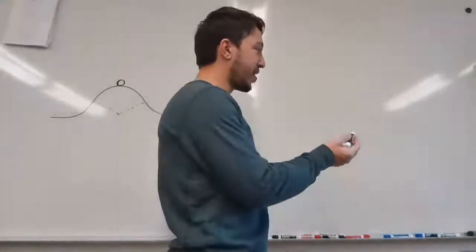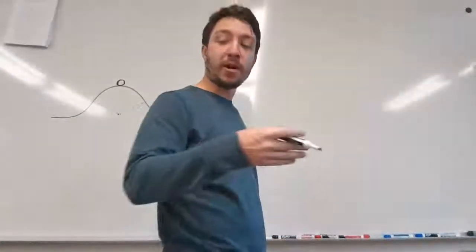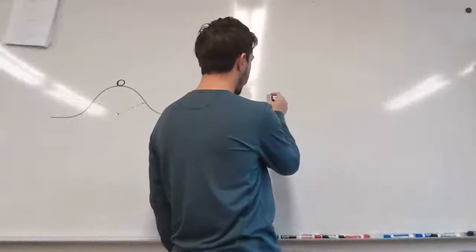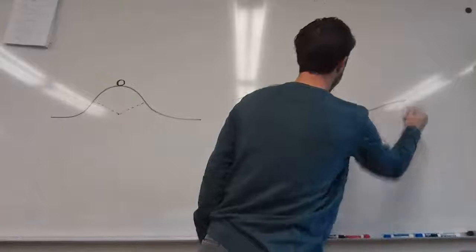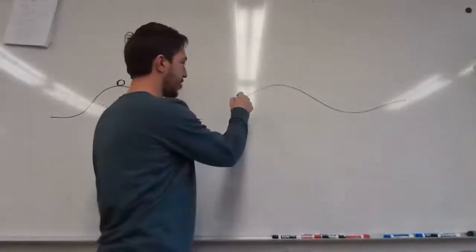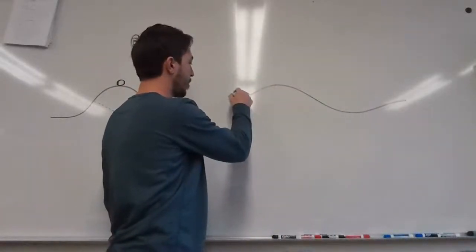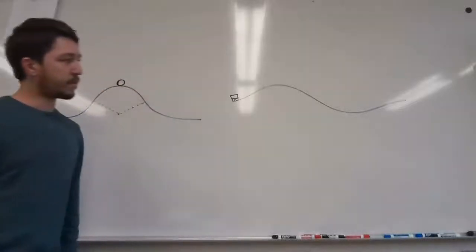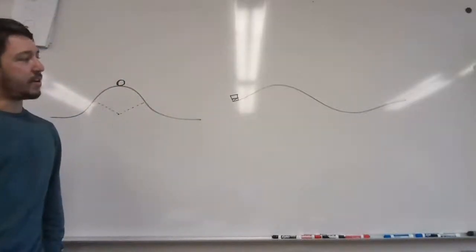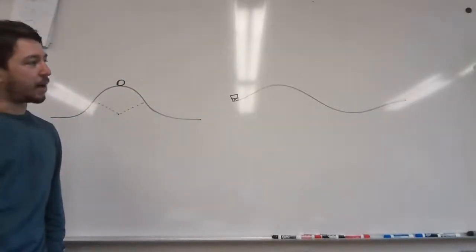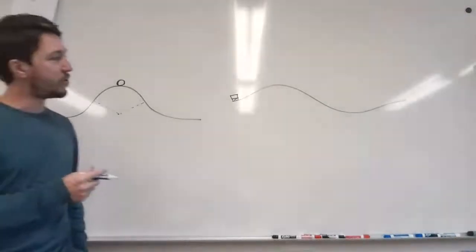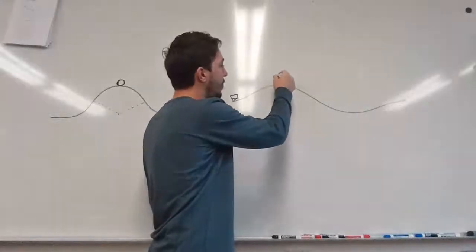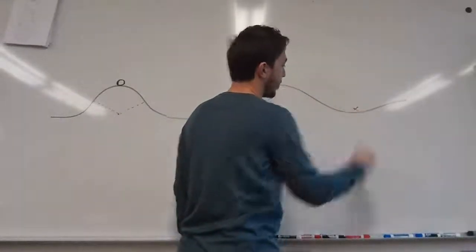Here's a good question for you, and it's actually a few questions ahead, but we can discuss it briefly. Let's say you're on a road kind of like this. Here's your car. If you were going to hit the brakes and wanted to stop as quickly as possible, would you want to hit the brakes at the top of a hill or at the bottom of a hill?